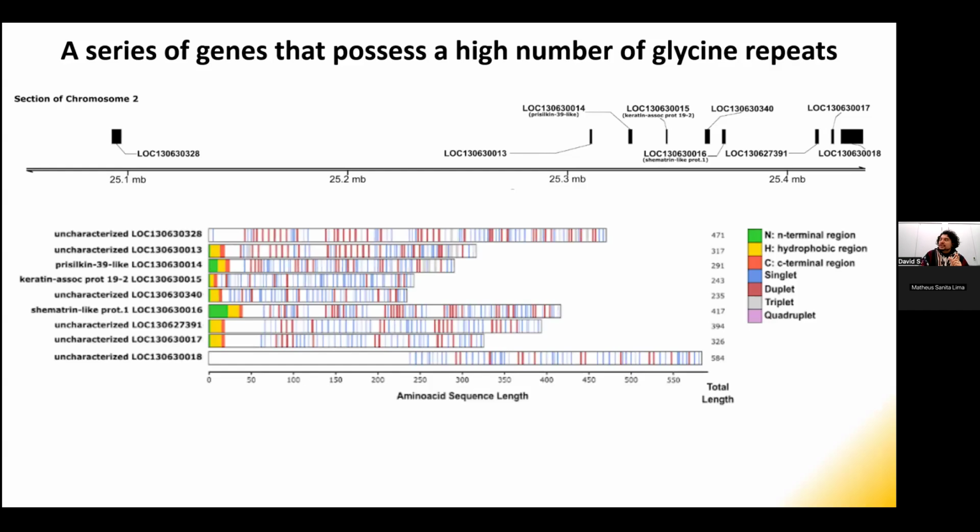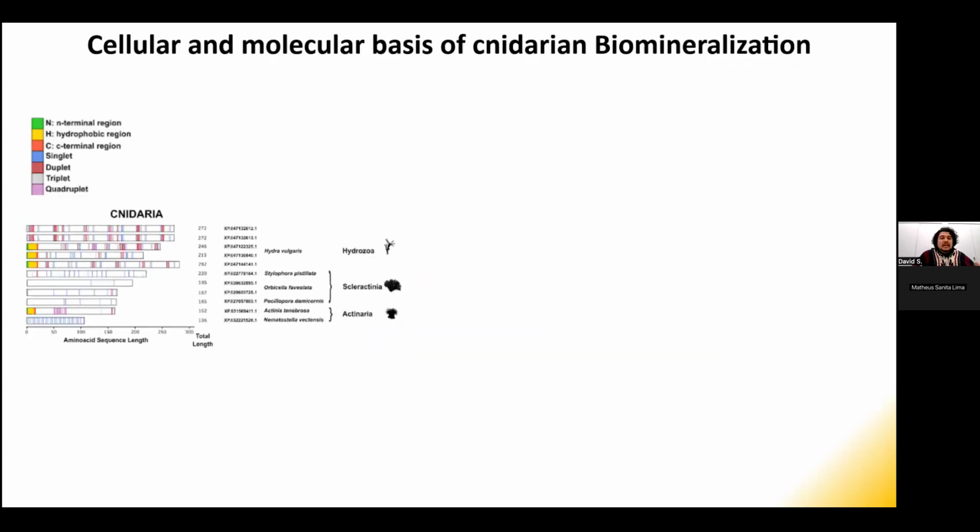And so we developed a custom script that is going a bit beyond, since we couldn't find any ortholog similarity through BLASTs. We developed our own script that is trying to identify these glycine repeats in Hydractinia. So it's a visualization of the patterns of the glycine repeats in between flanking amino acids.